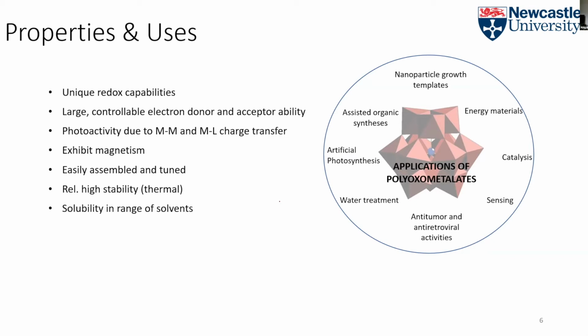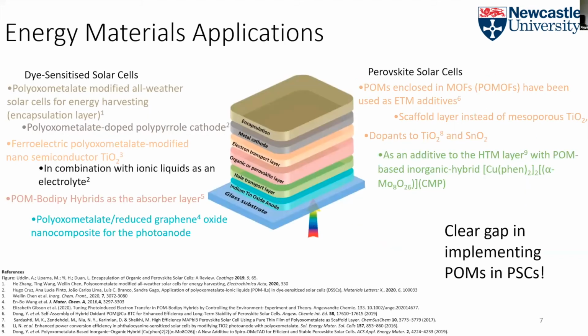So what I'm looking at is the energy material side of things. A lot of research putting POMs into different layers is focused on dye-sensitized solar cells. This is an older, more established area than perovskites, or PSCs.